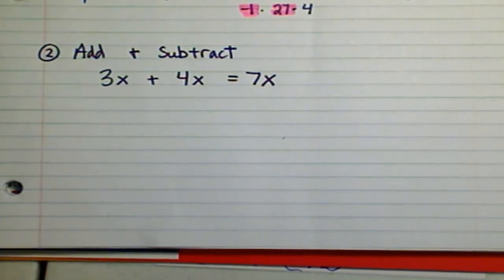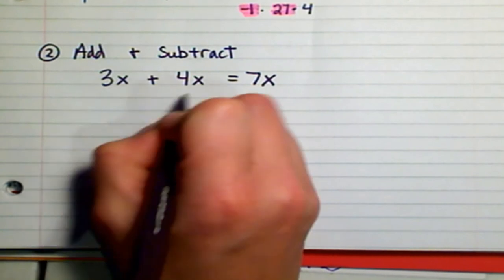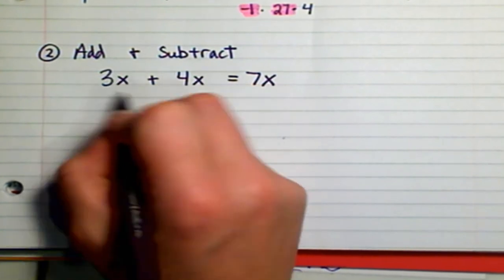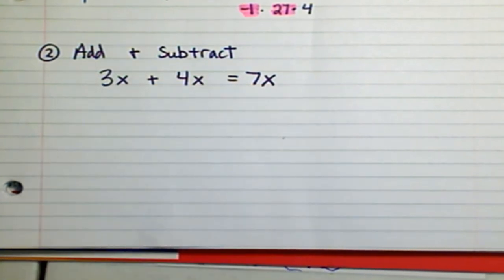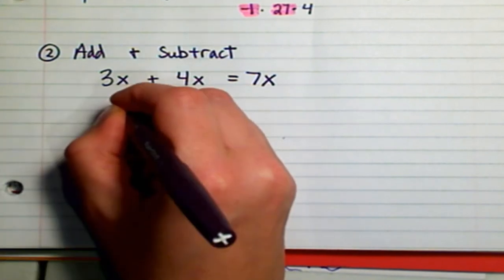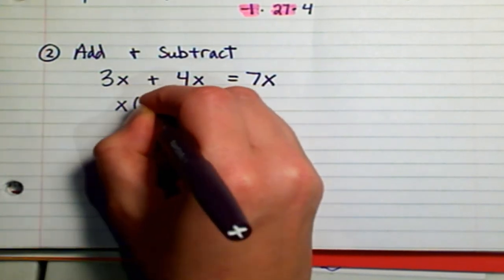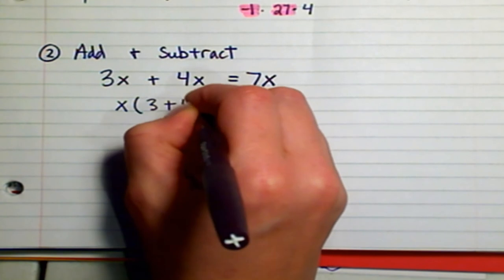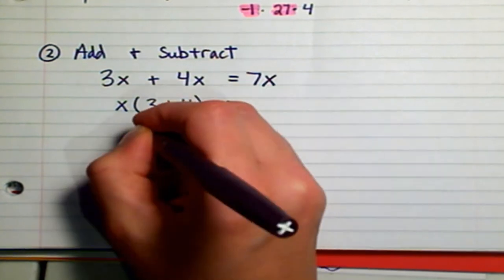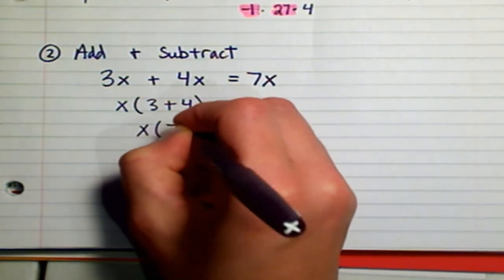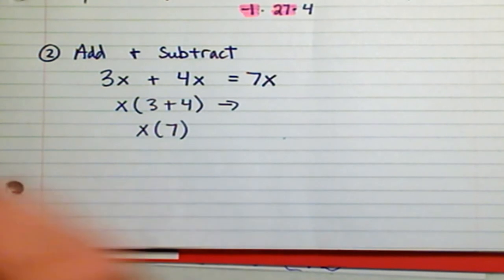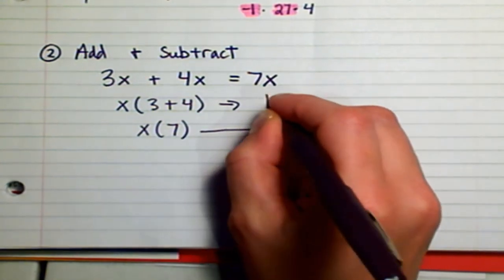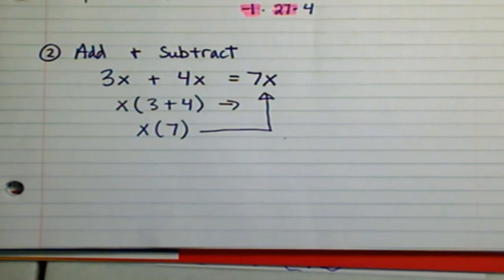You're like, duh. All right, but notice how these two terms have a common variable. That really means that the common part was factored out and added up, and that is how it turns into 7x.